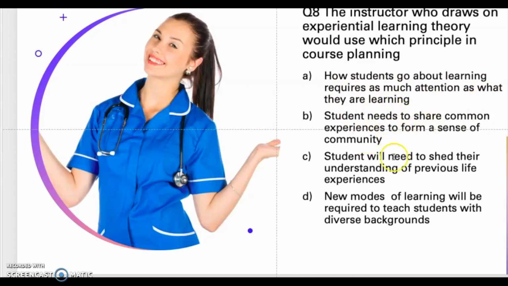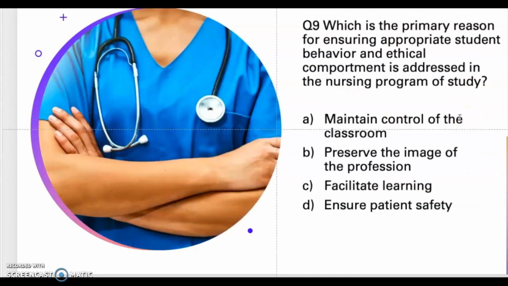B. Students need to share common experiences to form a sense of community. C. Students will need to shed their understanding of previous life experiences. D. New modes of learning will be required. So the correct answer for this question will be A. How students go about learning. That's the correct answer for this question.